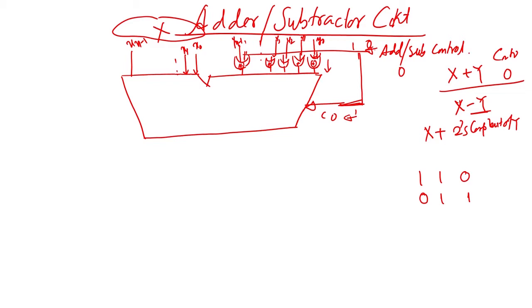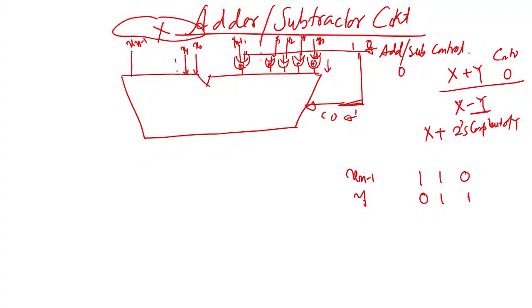In the case of addition, say x n and y n are the sign bits, and before that, if there is a carry, C n minus 2, and it is an addition operation, then obviously there is an overflow.